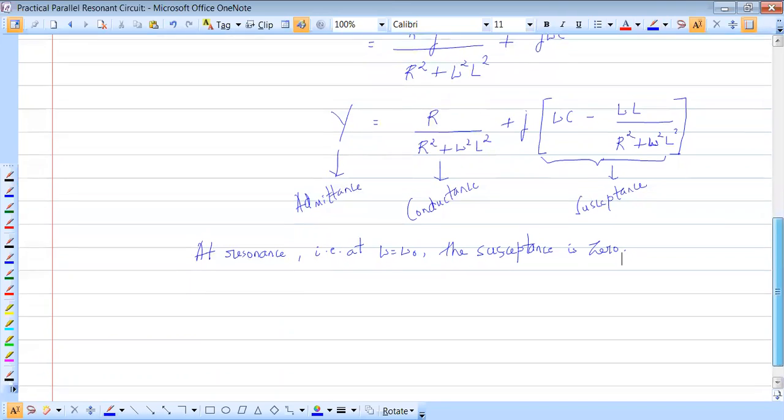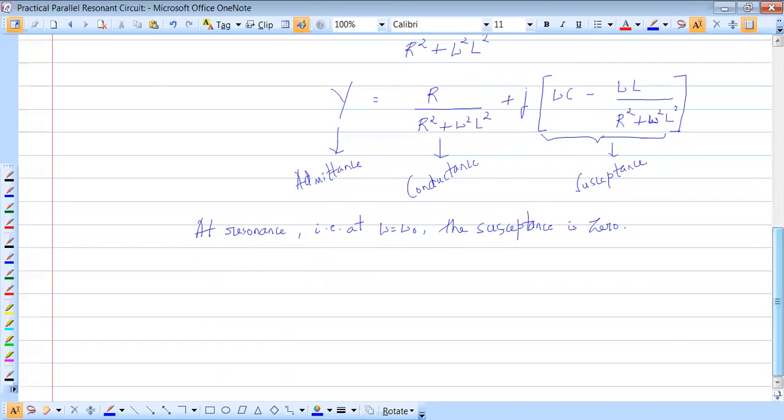Okay. So what I can write here is this. Therefore, I can write omega naught C minus omega naught L divided by R square plus omega naught square L square is equal to 0.